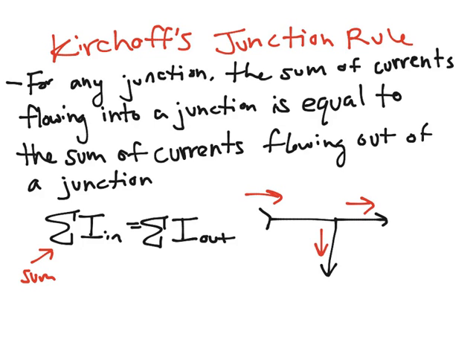So the junction rule says that if we call each one of these sections a different number, current 2, and let's call this last one current 3. So if current 1 is flowing in, that's the only thing on the inside, so the current flowing in must be equal to all of the current that is flowing out. So that would be I2 plus I3.